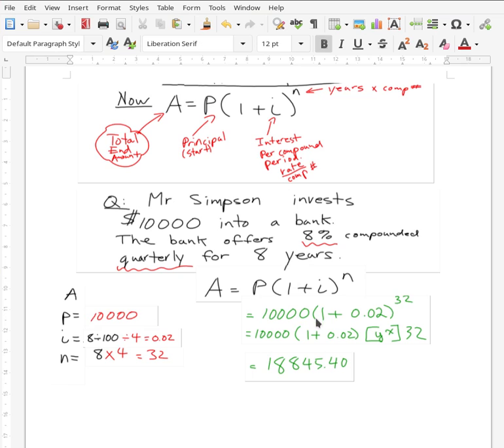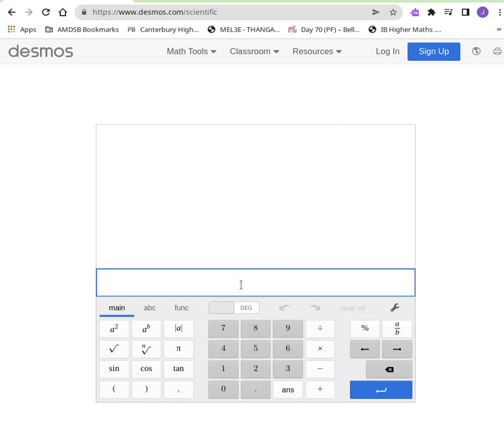Remember, it's 10,000, bracket, 1 plus 0.02, raised to the 32. To get that onto Desmos, we type 10,000, then click the bracket.